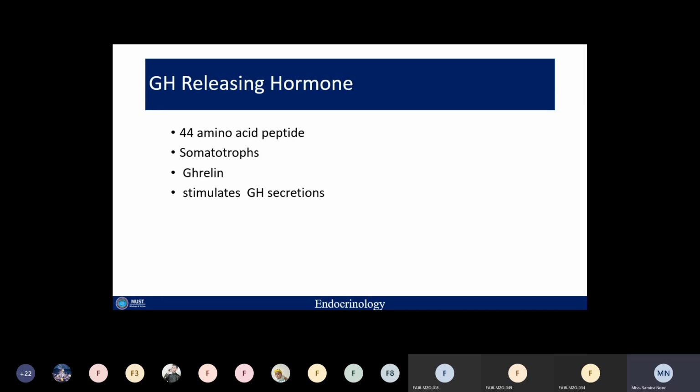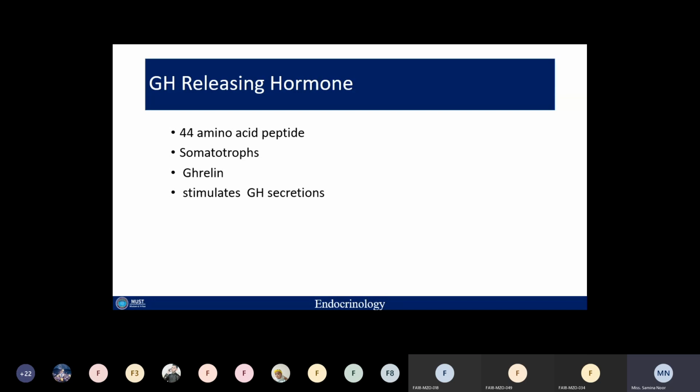So one kind of growth hormone releasing factor or growth hormone releasing hormone consists of a 44 amino acid peptide, released by hypothalamic cells and also secreted by some cells of the GI tract, and isolated in the case of pancreatic tumor cells.